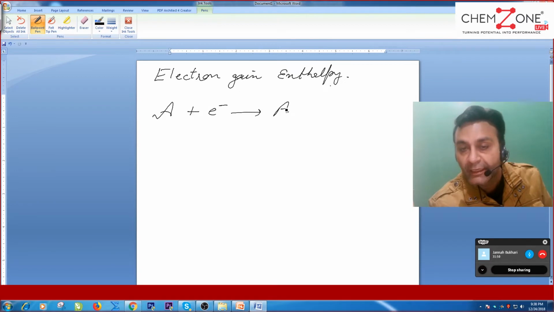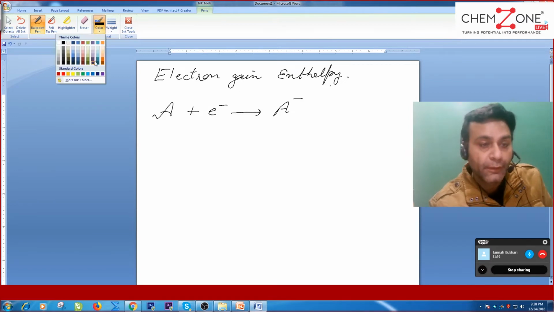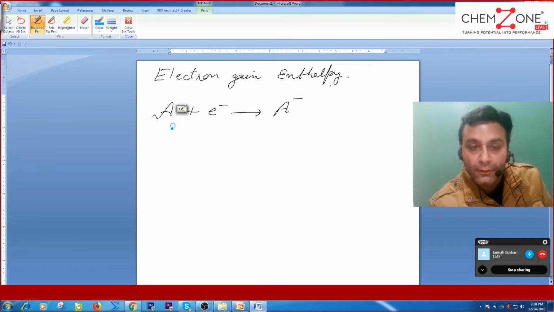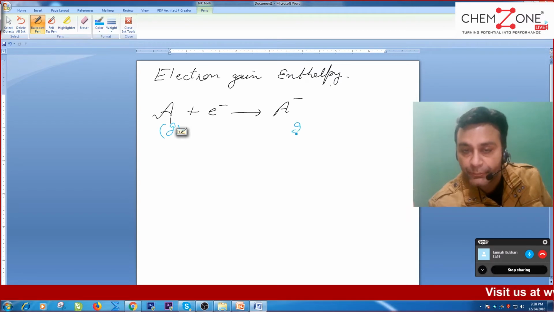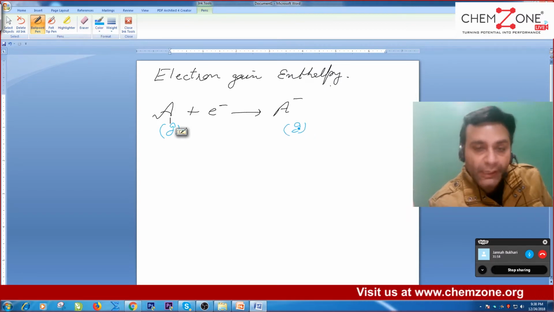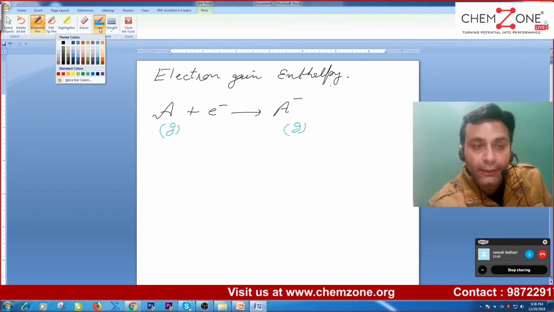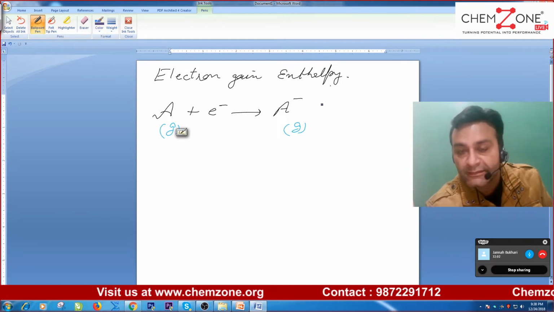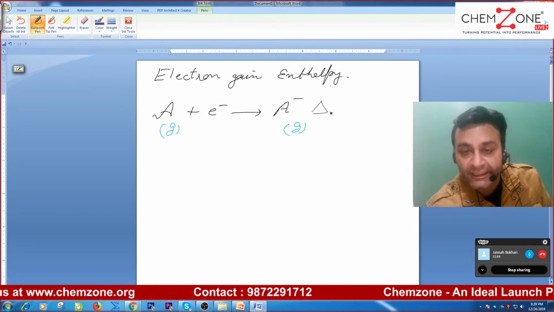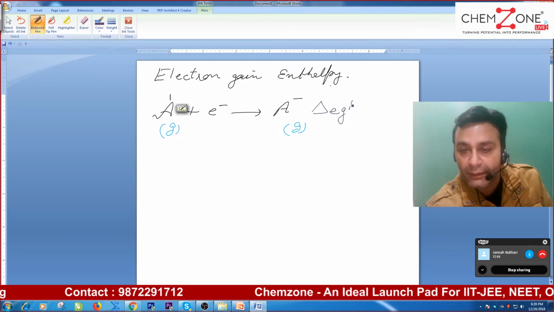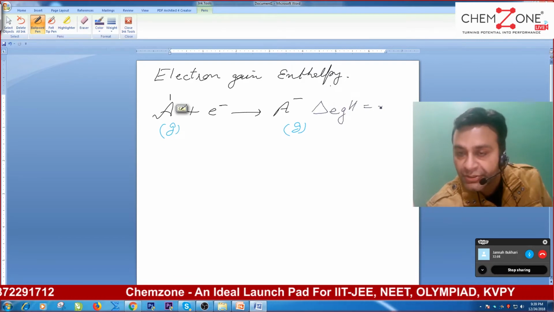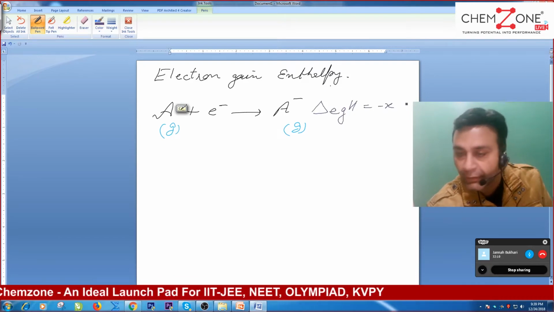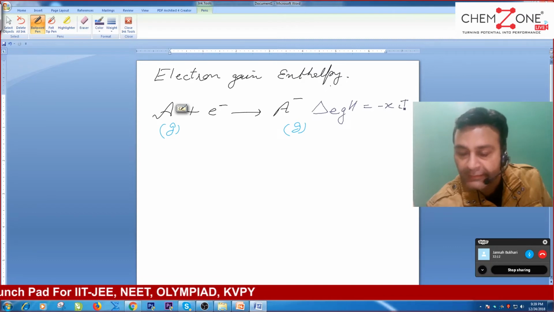It becomes A negative in the gaseous state. When we add an electron here, it is associated with some amount of energy release. We call it the electron gain enthalpy. Energy is released, so I'm using a negative sign here, minus x joules.